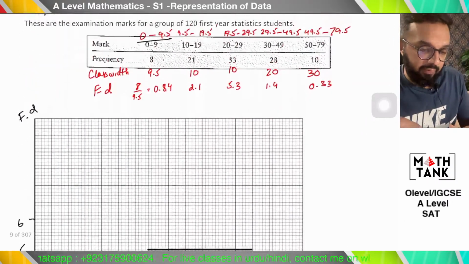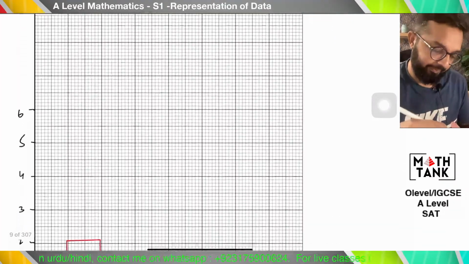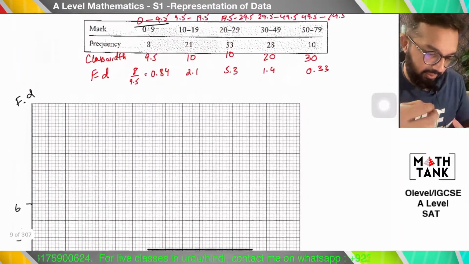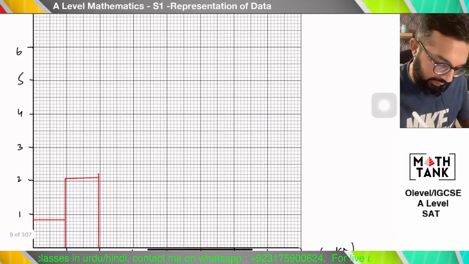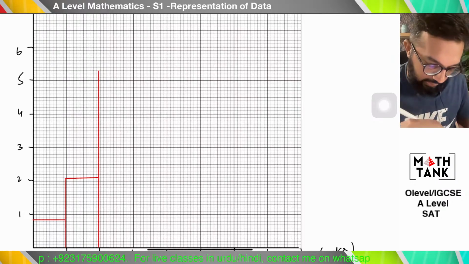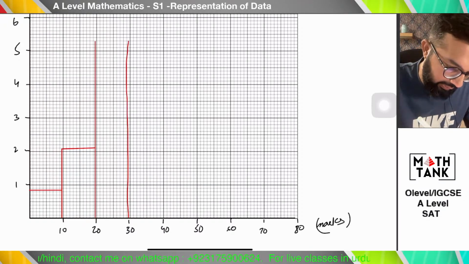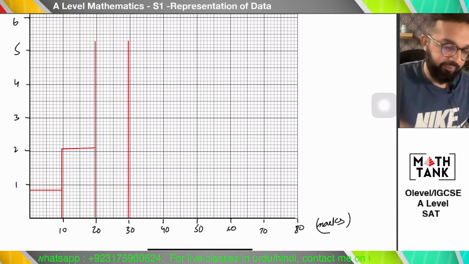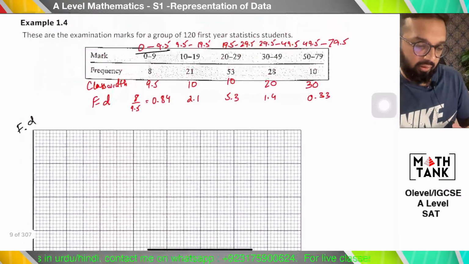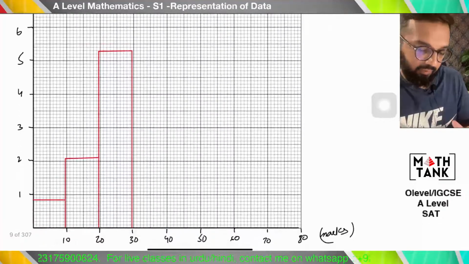Okay. Then 19.5 to 29.5. And how high do I want to go? 5.3. Then 29.5 to 49.5 and 1.4.